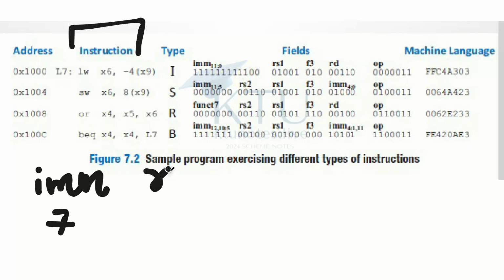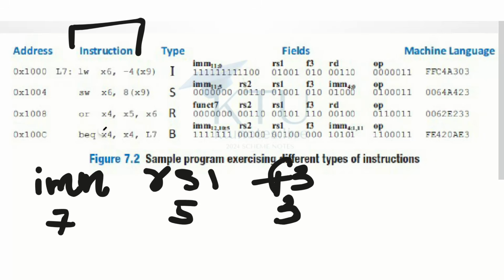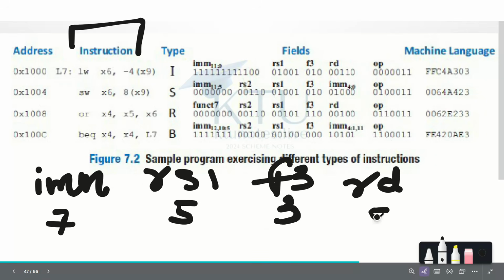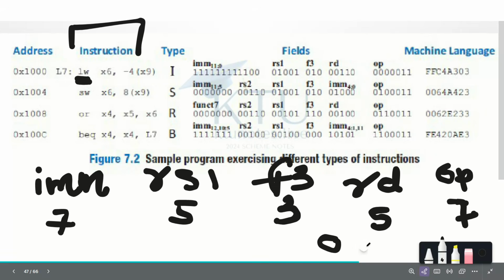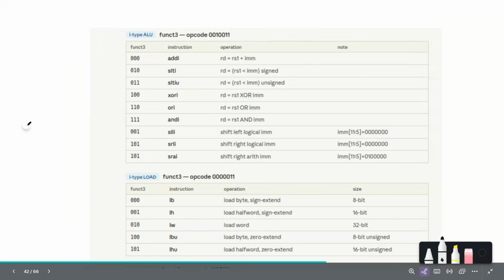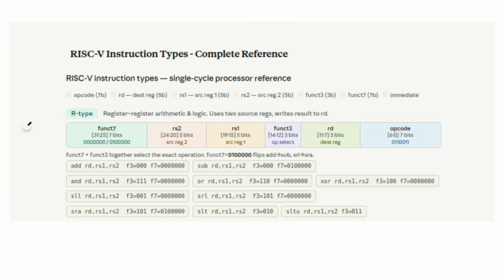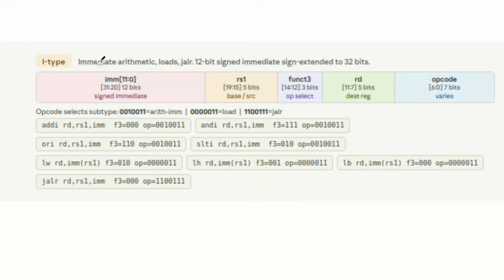Then you have RS1, 5 bits, then funct3, which is 3 bits, then RD for the destination register, which is 5 bits, and then the opcode, which is 7 bits. What is the opcode for load? The instruction here is load. The opcode for load is 7 bits, and the last 2 bits are 1 1. This is something we have already learned, guys, so do check that out in the previous videos. You have to learn the previous videos very well.